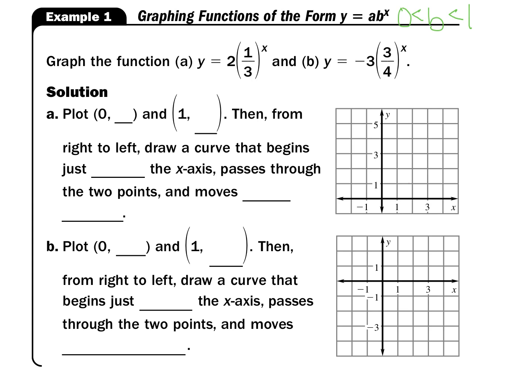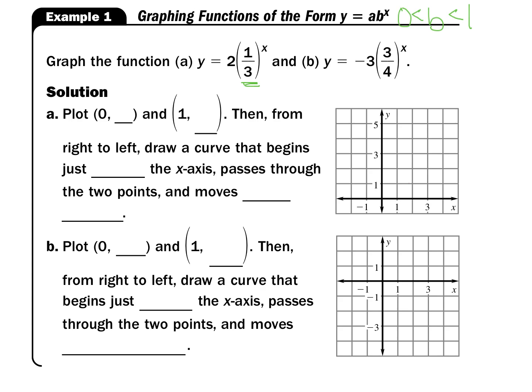So it's going to be in between 0 and 1. And what this does is, as x increases, b to the x power is going to decrease because it's a fraction being multiplied by itself.